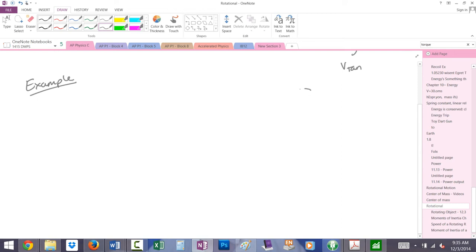So if I have some sort of weirdly shaped blob object and I put an axis in the middle of it and I start to spin it, can I do that? Sure I can. I'm going to spin it around that axis and I want to look at the energy that three little bits have.